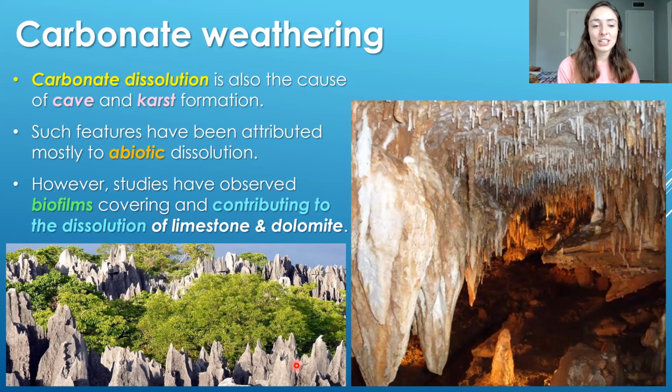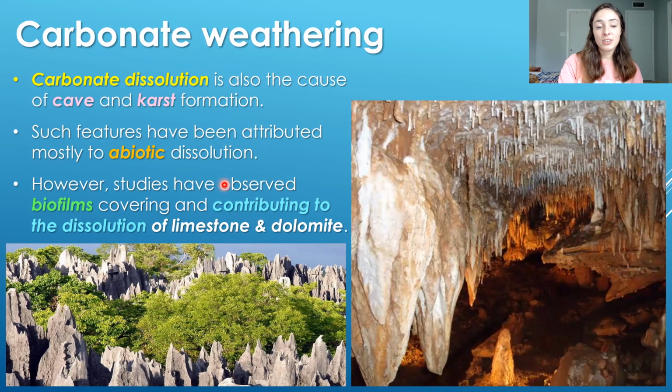But carbonate dissolution is not only important for buffering pH in solutions, it also forms the really, really cool features that we know of as caves and karsts. These formations are formed because carbonates dissolve, and this dissolution causes holes within the rock that may become big enough to form caves, which are really, really cool, as you can see in this right picture here with all these stalactites and stalagmites.